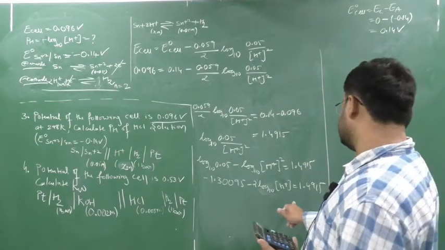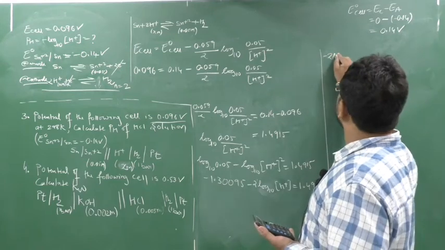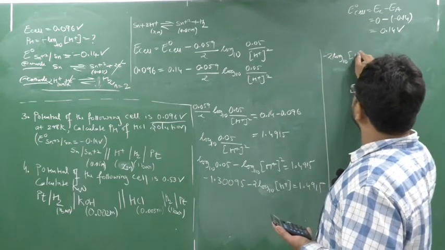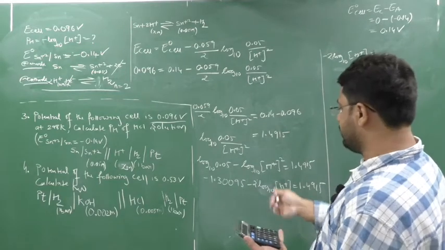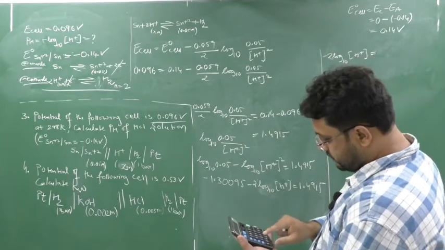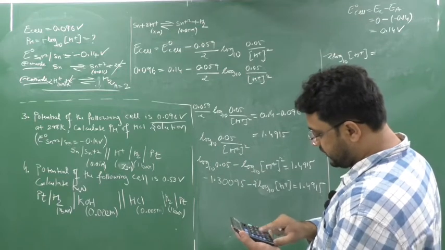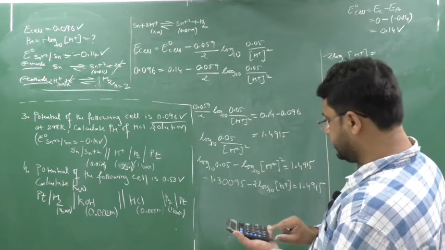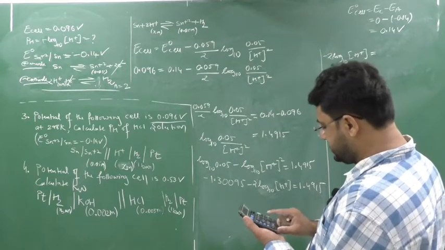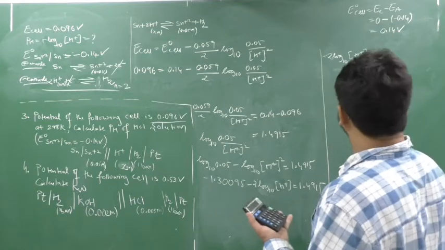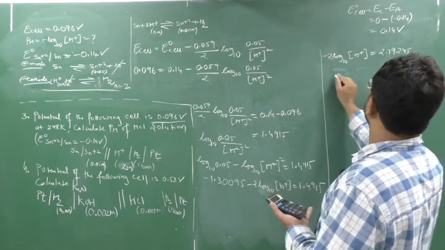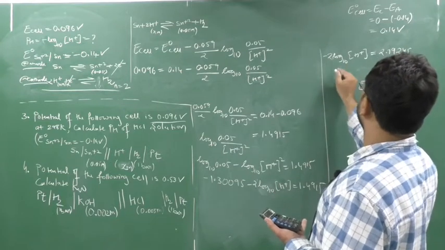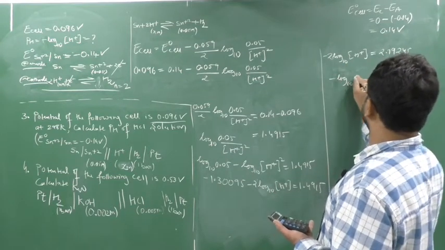Now I'll keep this as it is: minus 2 log to the base 10 of concentration of H+ equals 1.4915 plus 1.30095, which is 2.79245.